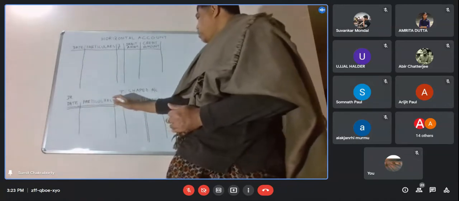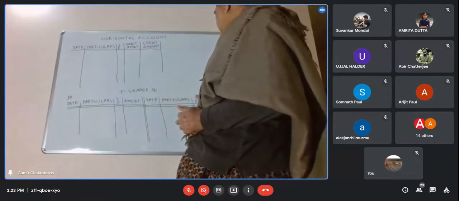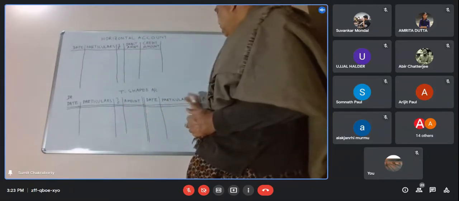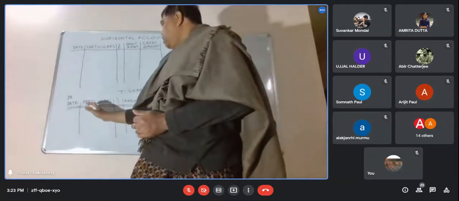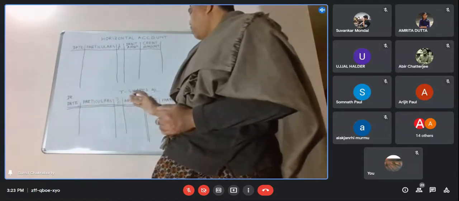Date here, particulars, journal folio, amount. Again, date, particulars, journal folio, amount. So on the right hand side of the double line, it is for the credit, and on the debit side, it is again the date, particulars, journal folio, and amount.